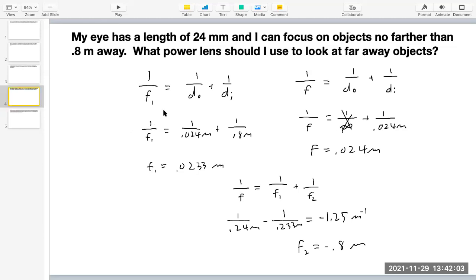So I'm treating my eye as if it was doing all of its bending at a single point, which is not exactly true, but the 24 millimeters is from the front of my eye to the back. And I'm just smearing it out and pretending that the lens of my eye and the cornea of my eye and the eyeglasses, they're all at about the same spot.